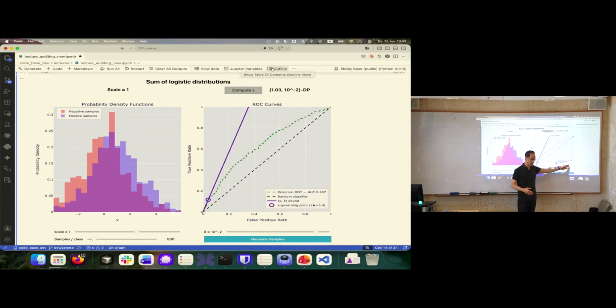So in this case, the attacker effectively decides, let's choose the threshold 3.4. Maybe a good choice, maybe not a good choice, but it's a choice.